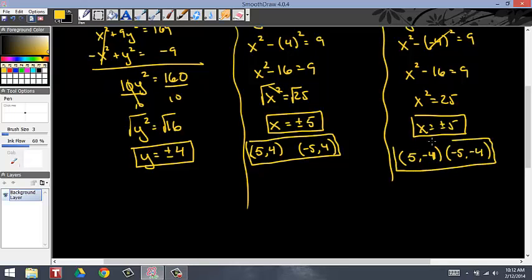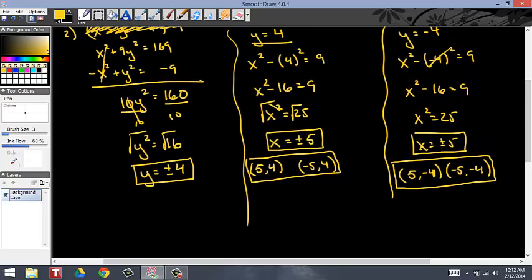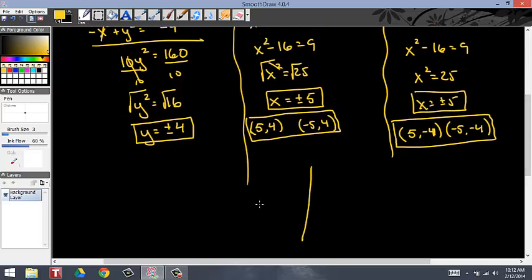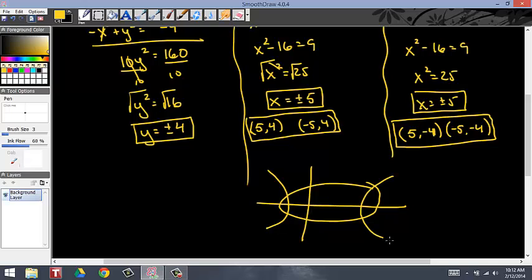At this point, Lex, you should know what conic sections are, and it seems right here you're dealing with an ellipse on the top and a hyperbola on the bottom. And an ellipse looks like this. A hyperbola looks like this.